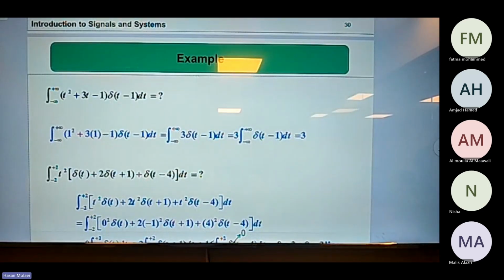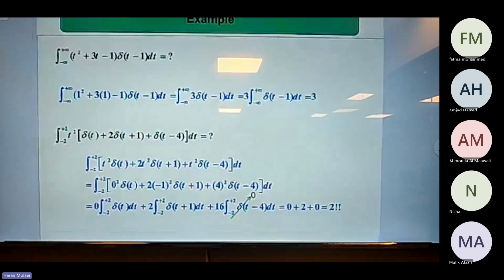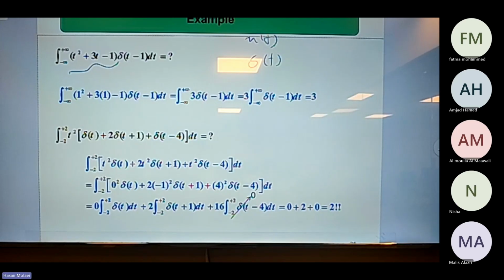This is another example for the sampling behavior of the impulse signal. You know, when we have x(t) multiplied by delta, it's only defined at the location of the delta.